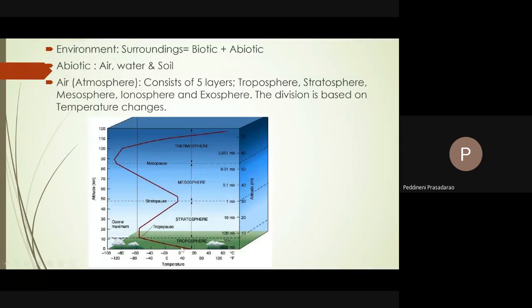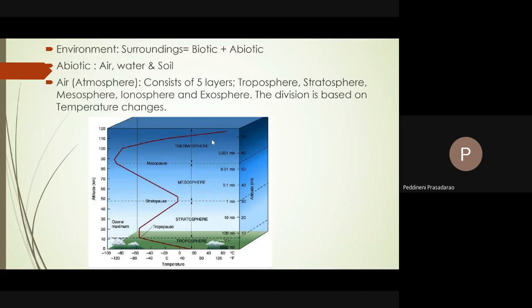And here, in the diagram, you must have seen the temperature profile of the atmosphere. In the troposphere, the temperature declines, whereas in the stratosphere the temperature increases. Again, the mesosphere is a replica of the troposphere, wherein the temperature declines. The thermosphere is again a replica of the stratosphere, and it continues. In the thermosphere you have 2 spheres, ionosphere and exosphere.